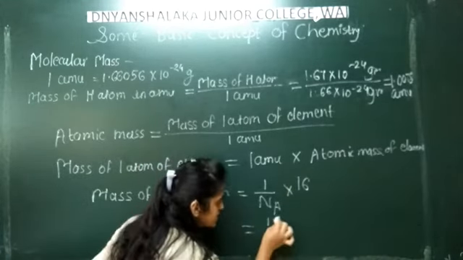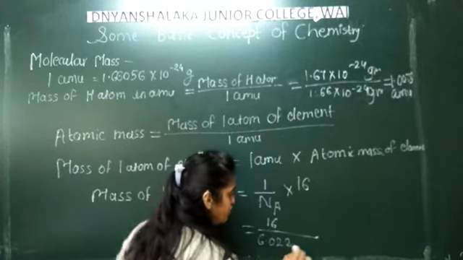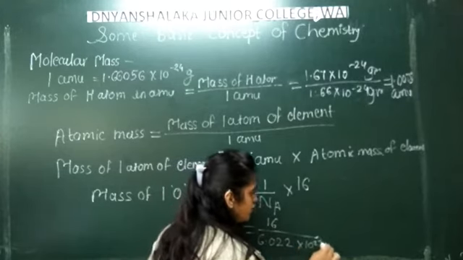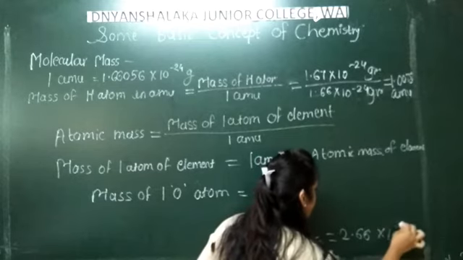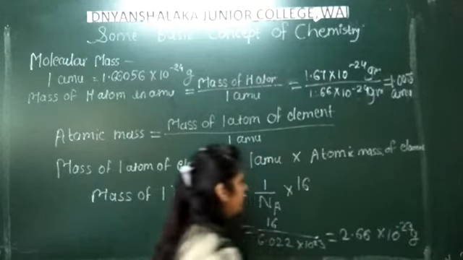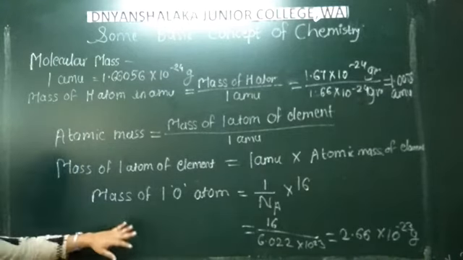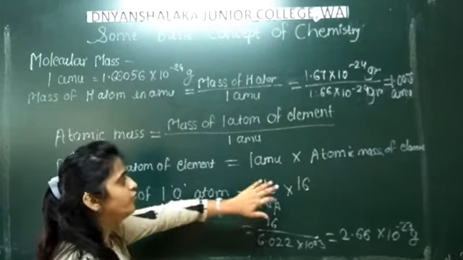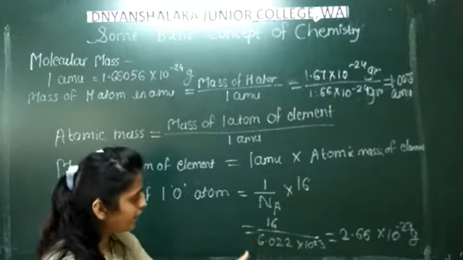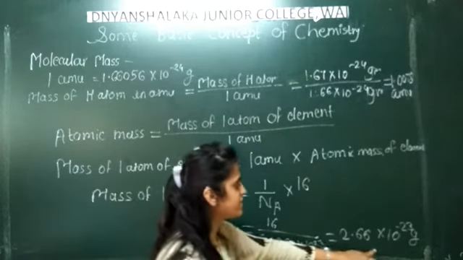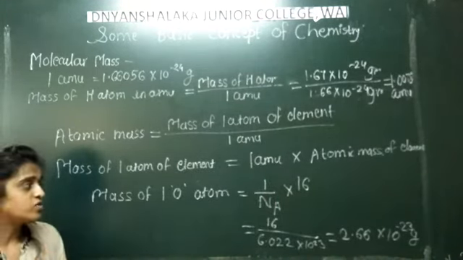So 16 upon Na, where Na is 6.022 into 10 raised to 23, gives the answer 2.66 into 10 raised to minus 23 gram. This is the mass of one oxygen atom.